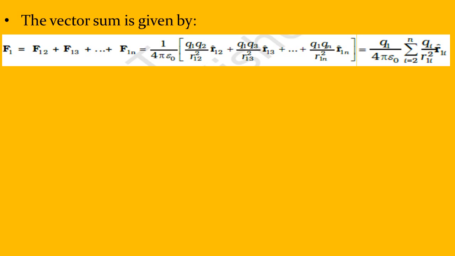So I take q1 also outside the bracket. So I get q1 by 4 pi epsilon naught, and the rest of the thing is the summation. And what's the summation? q2 by r12 square unit vector r12 plus q3 by r13 square into unit vector r13, etc. up to the nth charge qn.